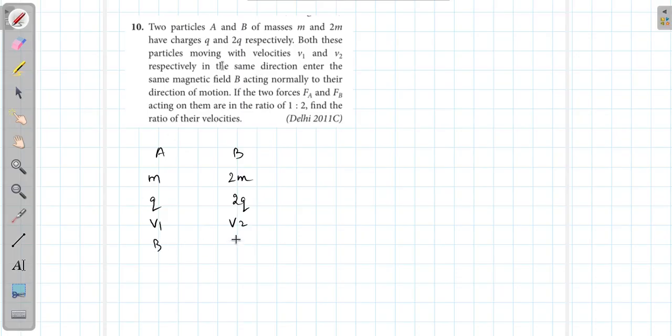So B is the same, and no need to worry about the magnetic field. The forces FA and FB have the ratio FA by FB equal to 1 by 2. Find the ratio of their velocities. We need to find the velocity ratio. That is the question.